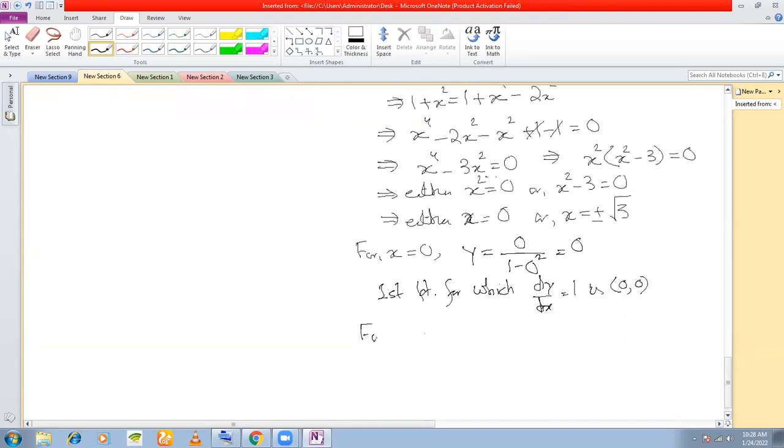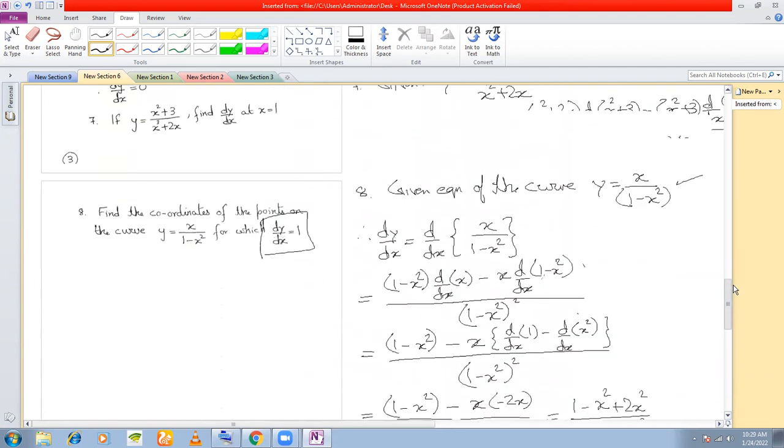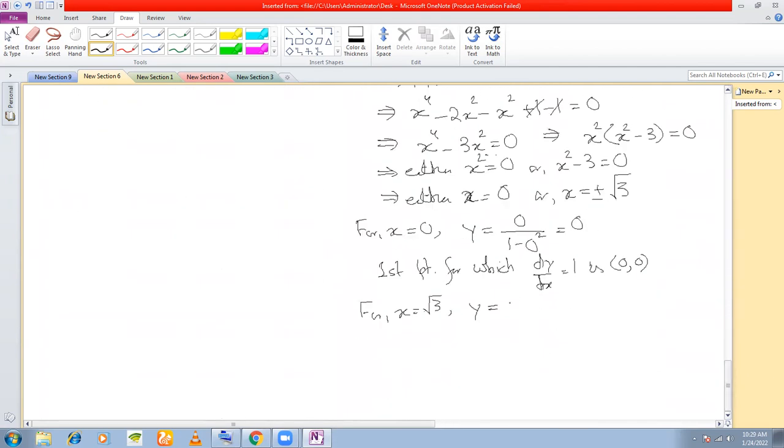For x is equal to root 3, what is the value of y? Again, put it in the equation of the curve. The equation of the curve is x by 1 minus x square, which is equal to root 3 by 1 minus 3, which is equal to minus root 3 by 2.